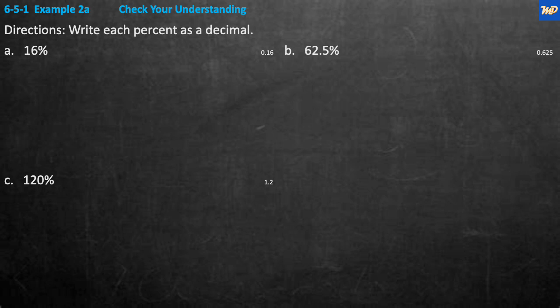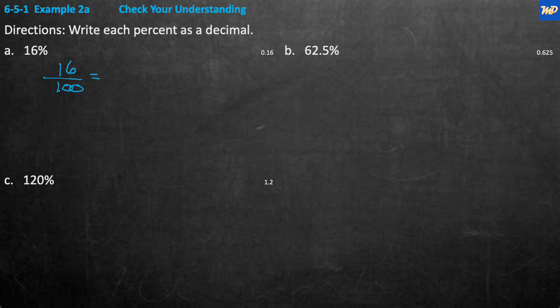Okay, now that you're back, let's try 16% written as a decimal. So we're going to write 16 divided by 100. And that equals what? So 16 divided by 100 is the same as, we're going to move the decimal point 2 times to the left.